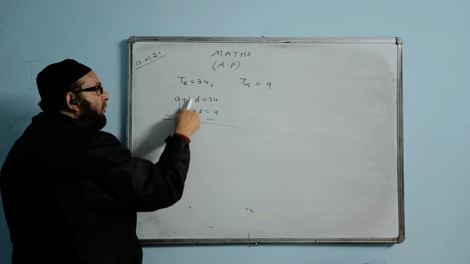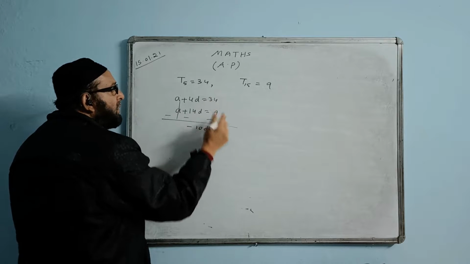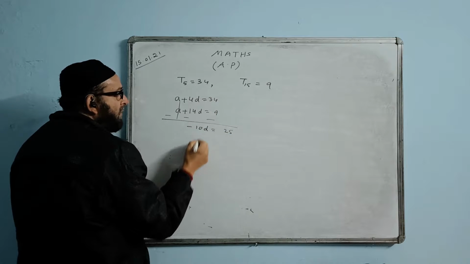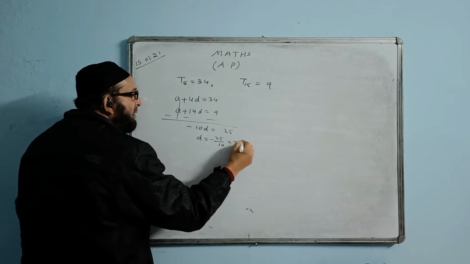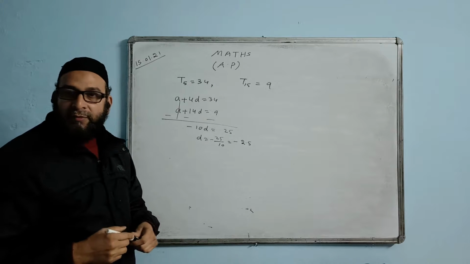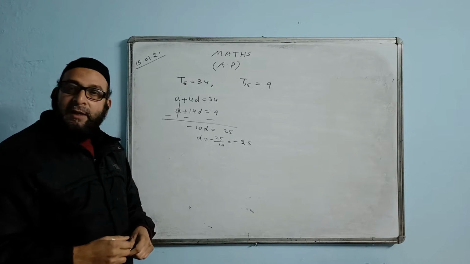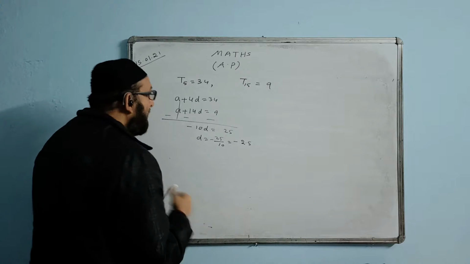This will go. 4d minus 14d will become minus 10d. 34 minus 9 is 25. The d value is 25 by 10 with the minus sign. The answer is minus 2.5, or you can write minus 5 by 2. d can be negative, there is no restriction on it.